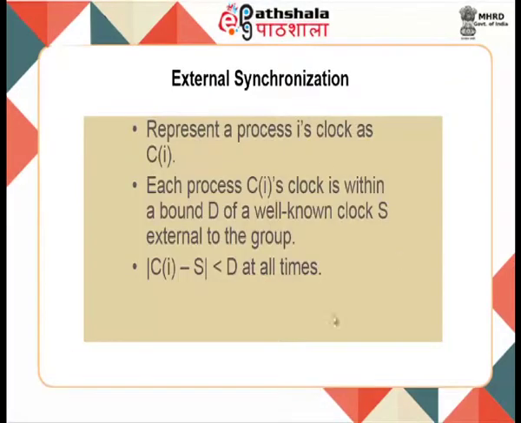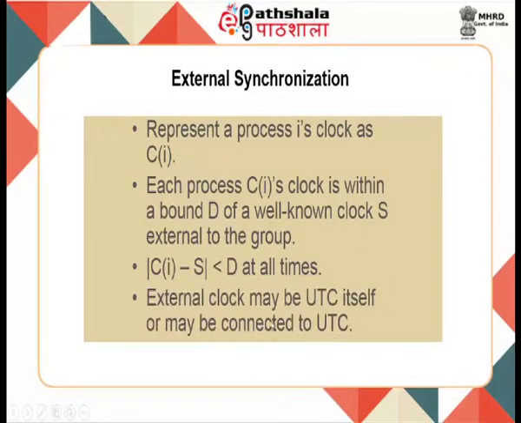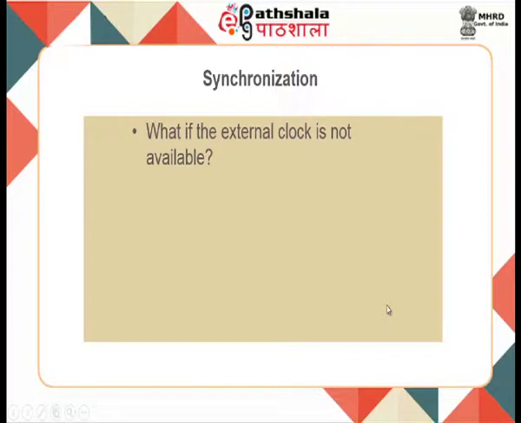Therefore, external synchronization insists that we have a global clock or a server time, which is S, and every process's clock or every machine's clock should be within a certain value D of this global value S. So, this external clock may be the UTC or it may be using the UTC time. So, how can we synchronize just in case we do not have a UTC receiver?